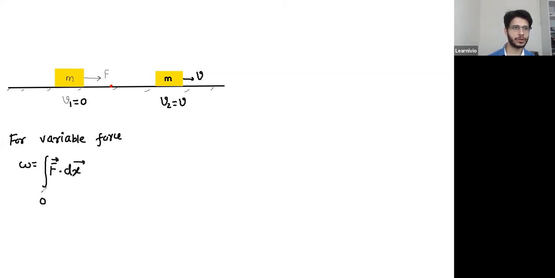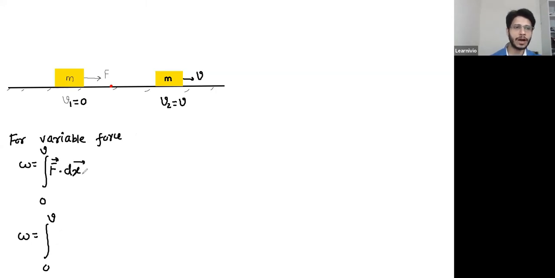It's the dot product of force and displacement from 0 to V. So this is 0 to V, and this is F dot dx.